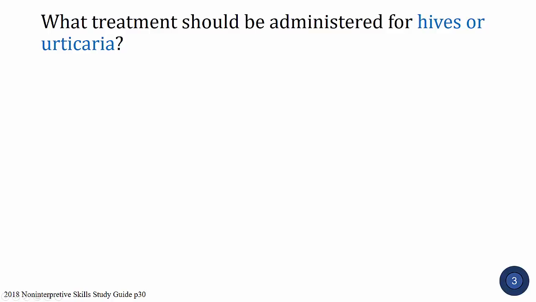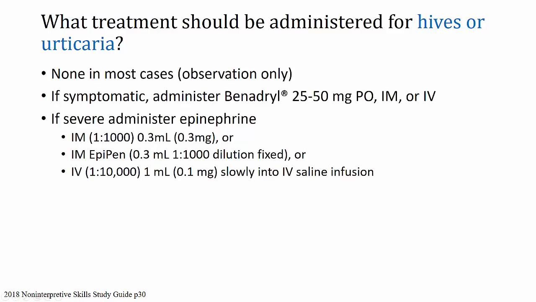Next question. What treatment should be administered for hives or urticaria? Well, in most cases, no treatment is necessary. Observation is adequate. If the patient is symptomatic, then you can administer Benadryl 25 or 50 milligrams PO, IM, or IV.